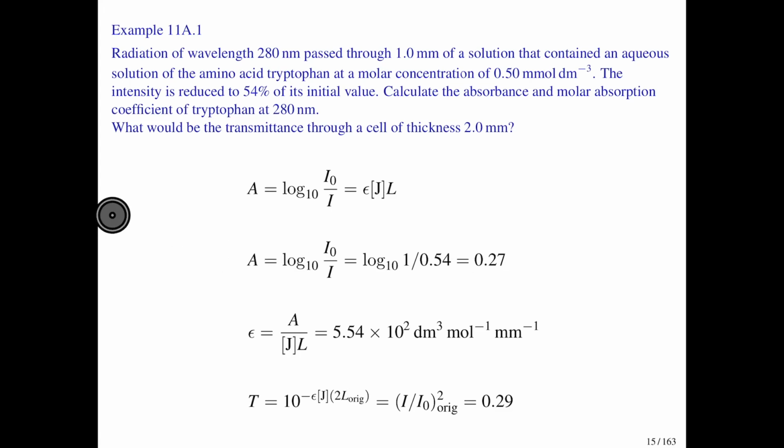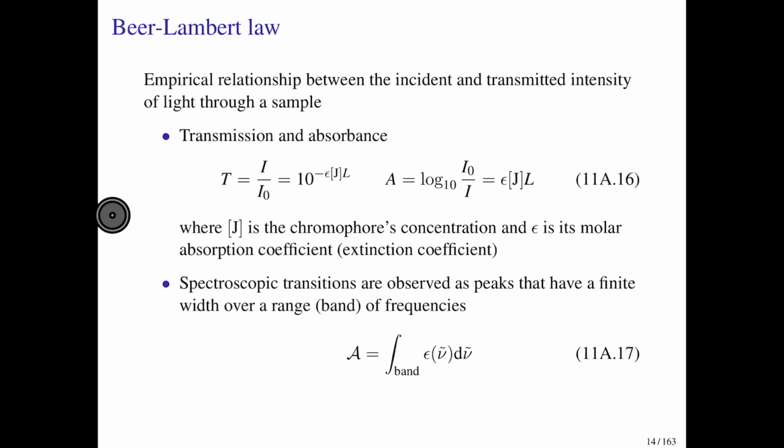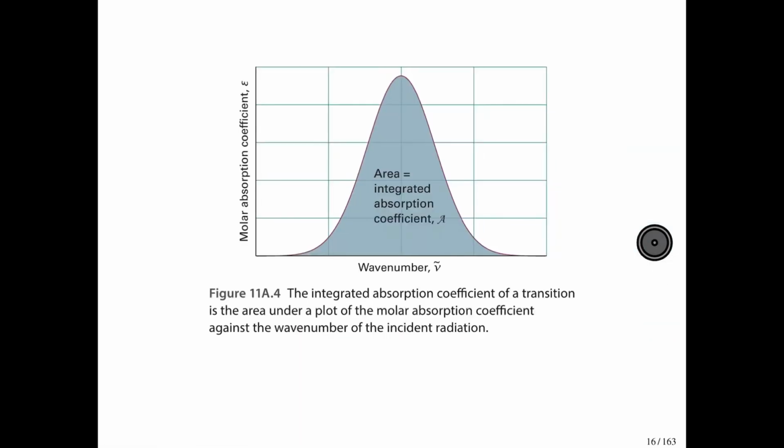The last thing I wanted to emphasize about the molar absorptivity coefficient is that it's not a single value. In fact, it's a function over the frequency of light. And so instead of seeing just a value when you're measuring transmission or absorption, in this case, when you're measuring absorption as a function of wave number of light, you don't just get a single value.